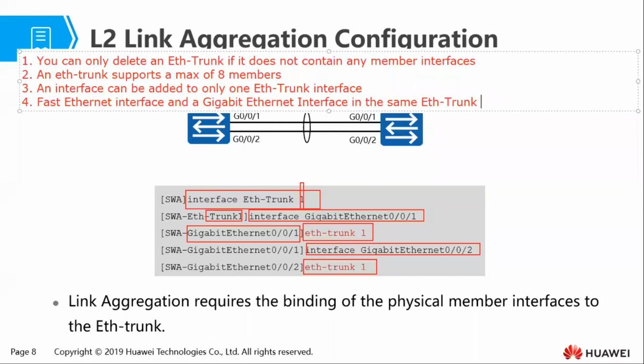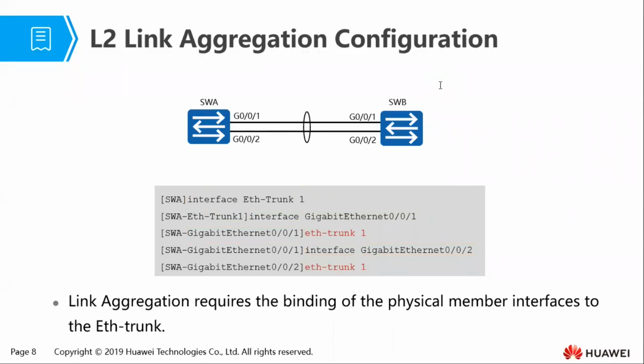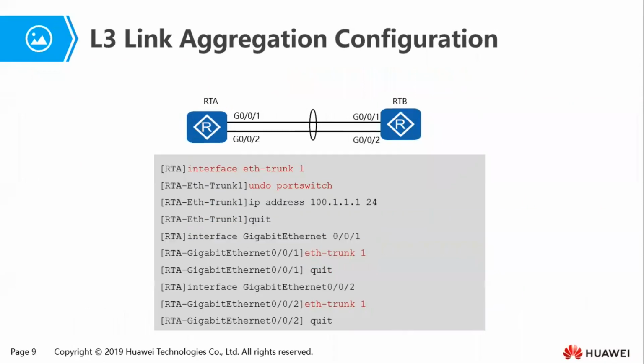If you try to do this, Huawei switches and routers will actually give you an error message because they operate at different speeds. So these are some of the other basics about ETH trunks that you need to be aware of.